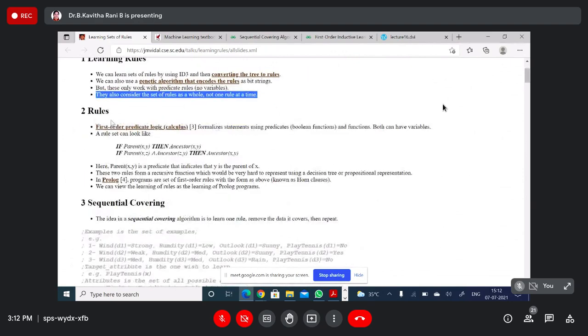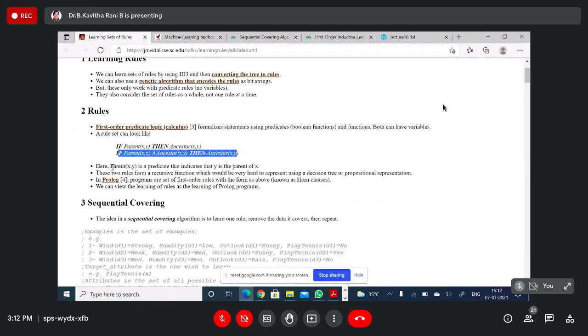Here you can see how we are going to generate the rules. A rule set can look like this: if parent of x comma y, then ancestor of x comma y. If parent of x comma z and ancestor of z comma y, then ancestor of x comma y.